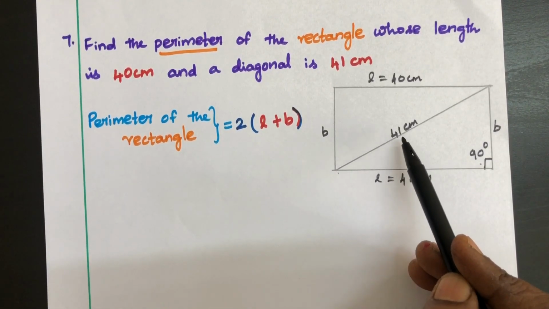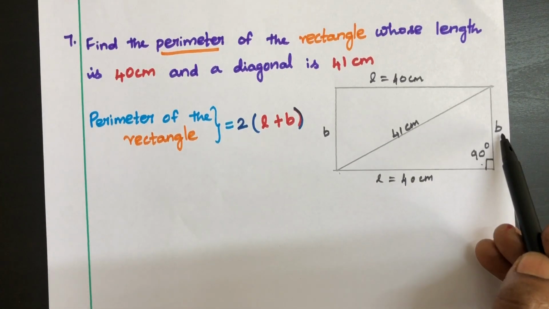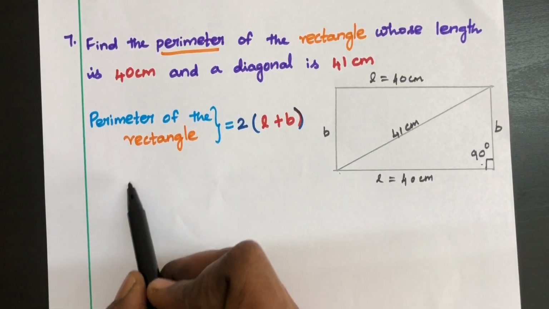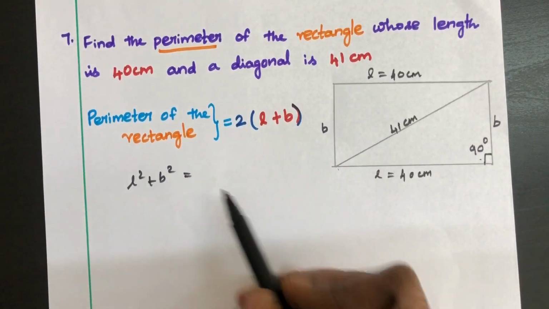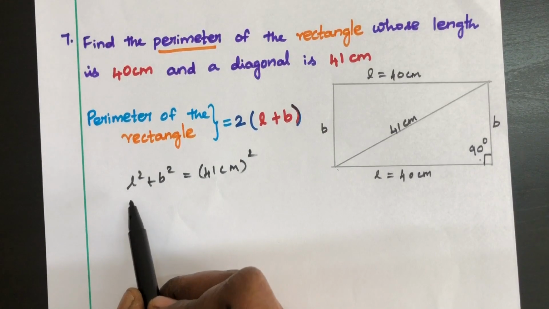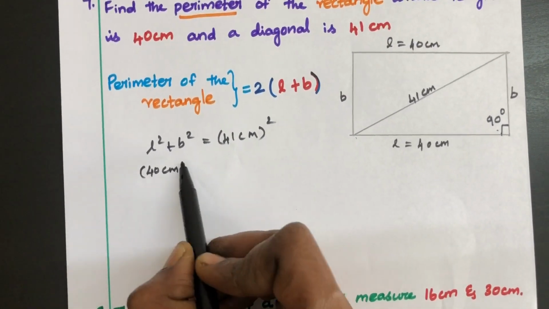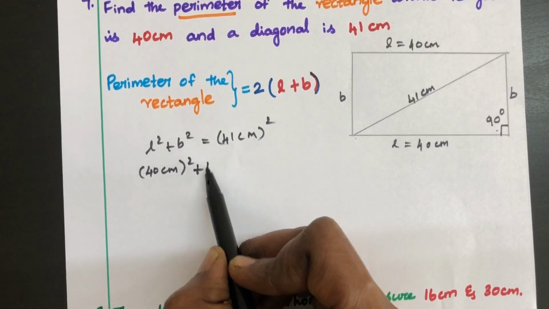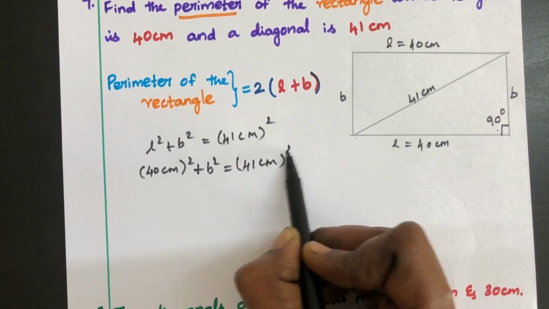So the square of the hypotenuse is equal to the sum of the squares of these two. That means L square plus B squared is equal to the hypotenuse, 41 centimeter, squared. So L is 40 centimeter, the whole square, plus B square is equal to 41 centimeter, the whole square.